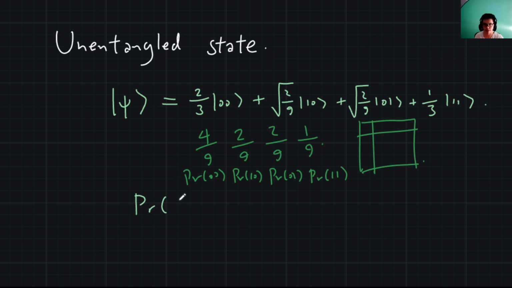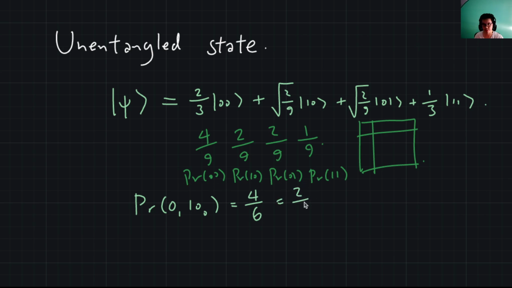So the probability of 0, provided that you have measured the zeroth qubit to be 0, would be, in this case, what is the chance? So 00 and 10. So there will be like 6 outcomes which involve that. So it's 6. And then 4 out of 6 would give the second one to be 0.